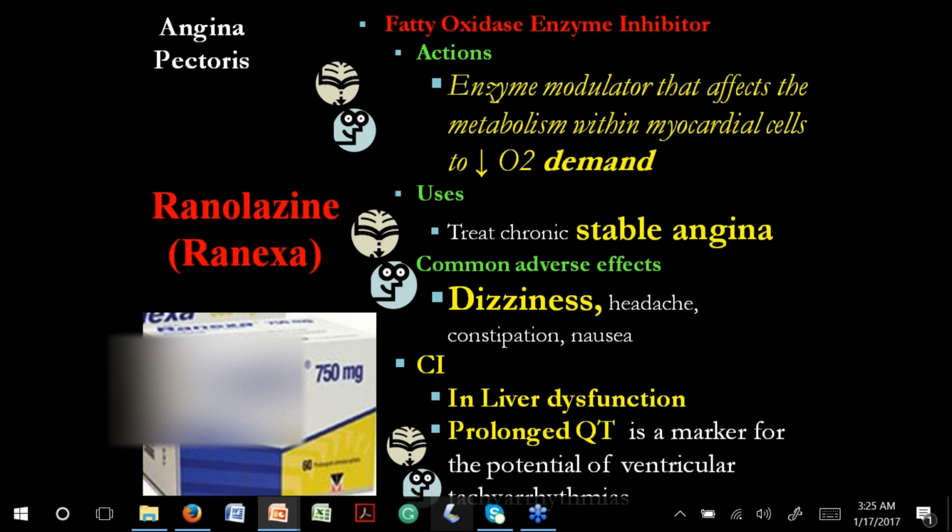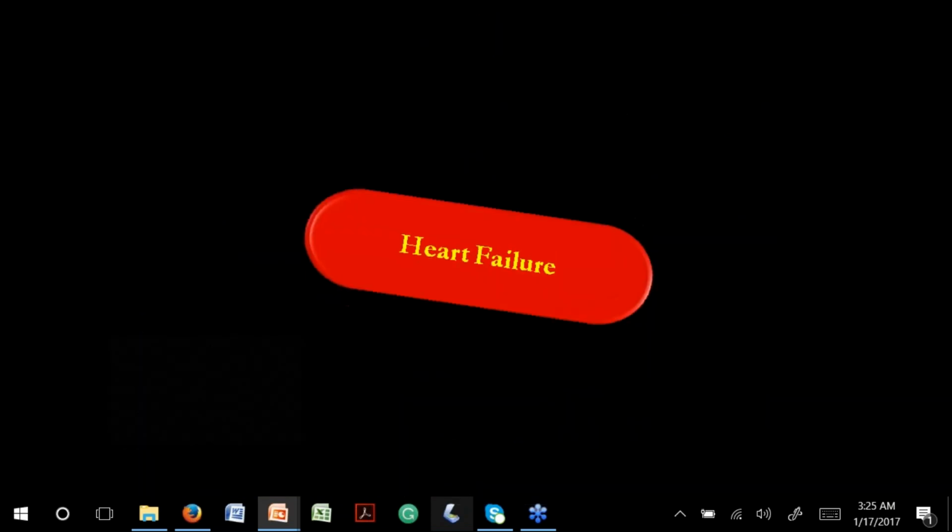Remember that for unstable angina, you mostly need to schedule a bypass or surgery. Dizziness is one of the most common side effects. Liver dysfunction is a contraindication, so you need to have a healthy liver in order to take this medication without any problem.